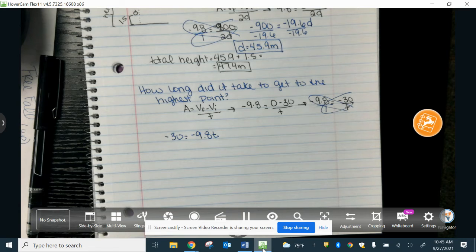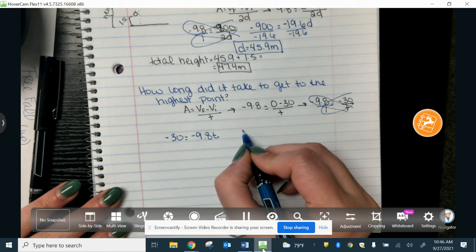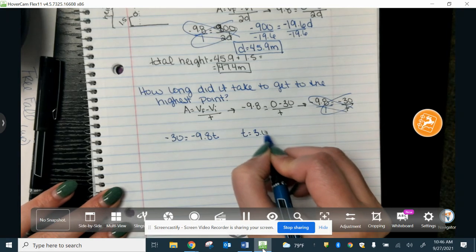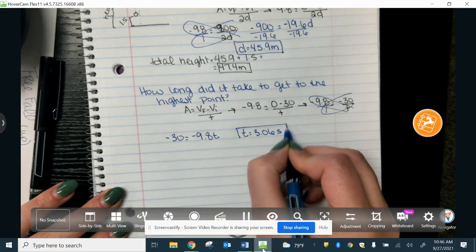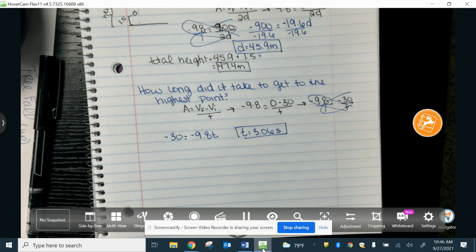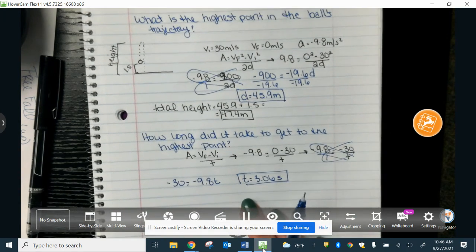Can someone check that for me, please? 30 divided by 9.8. 3.06? Yes. Sweet. So it took 3.06 seconds to get to that highest point.